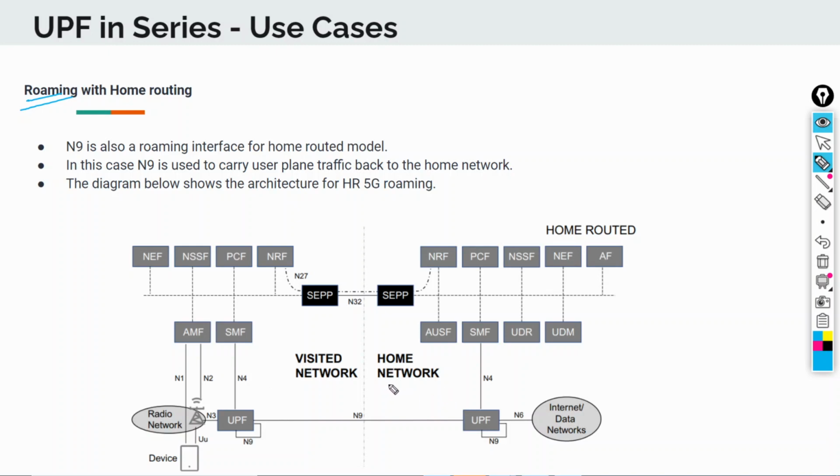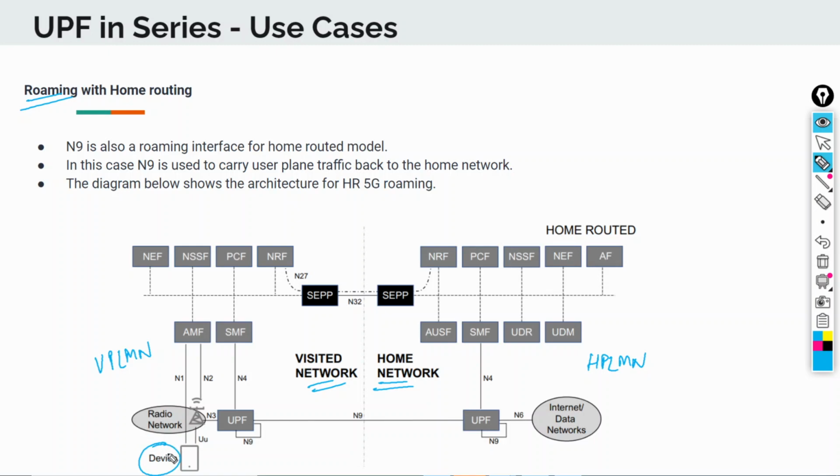So here, on one side you have the home network, and on the other side you have the visited network. Now your subscriber, which in this case is this device, belongs to this home network. However, it is roaming in your visited network. So you can think of it as your visited PLMN, and then this is your home PLMN, right?